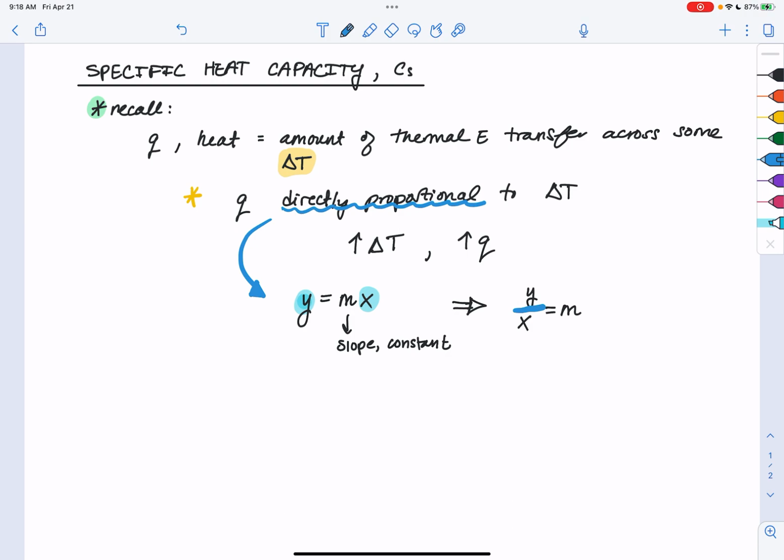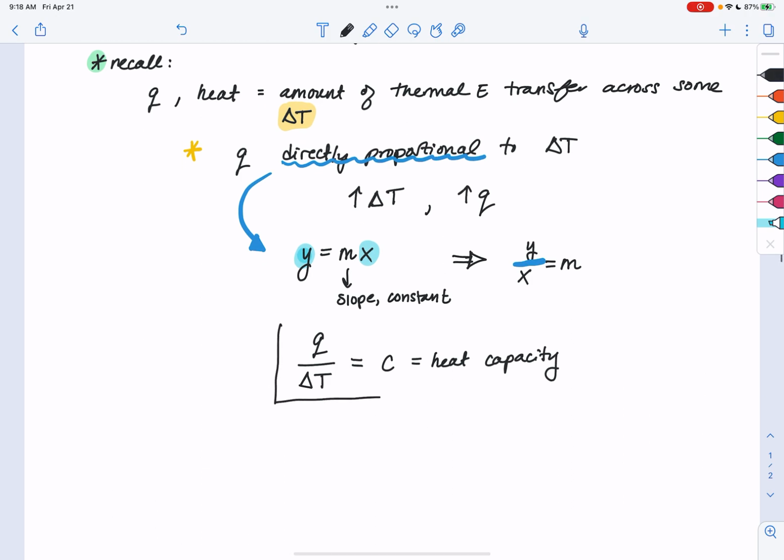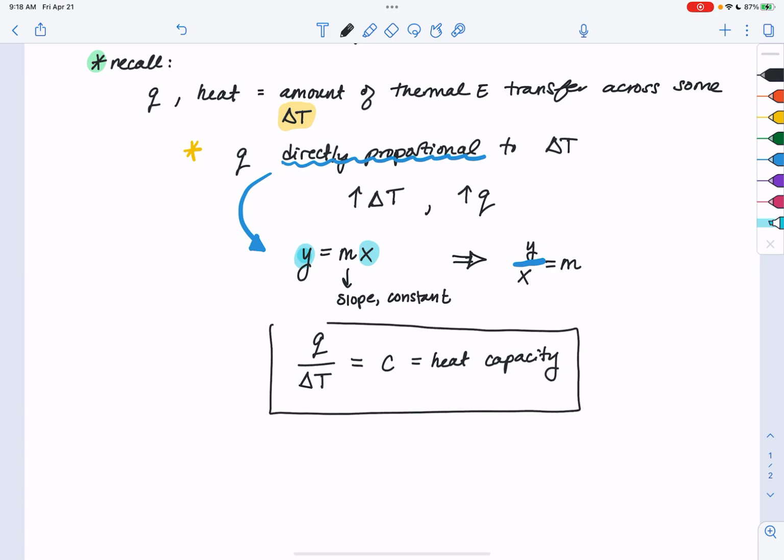Because I've got a direct proportionality between my two variables, I can say that their quotient is equal to a constant. So relating this back to heat and change in temperature, we see that heat in proportion with delta T is equal to some constant C, which we call the heat capacity of a substance. So this is one way to quantify heat, where heat capacity is a constant that is substance specific.